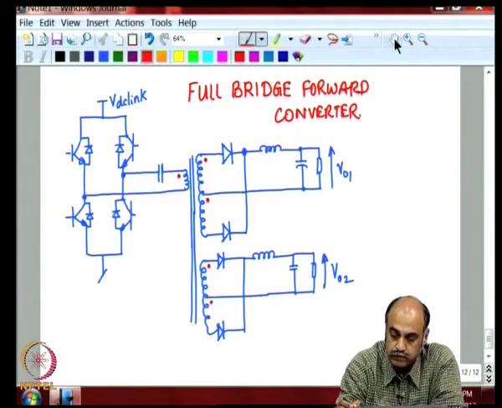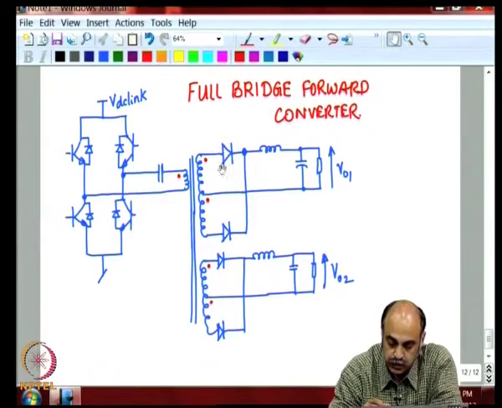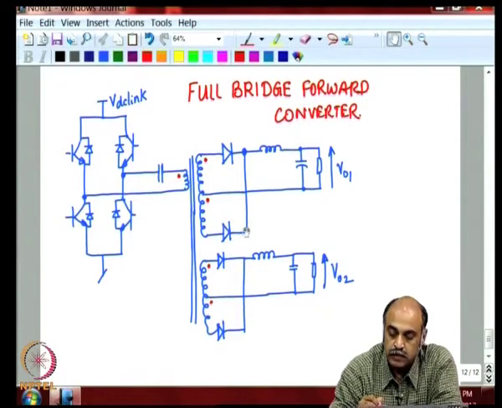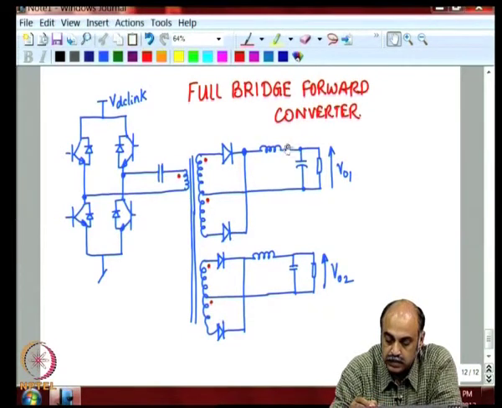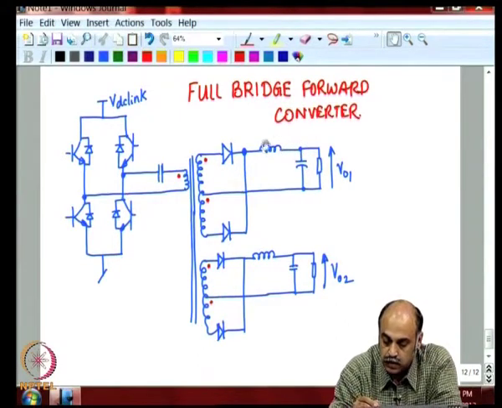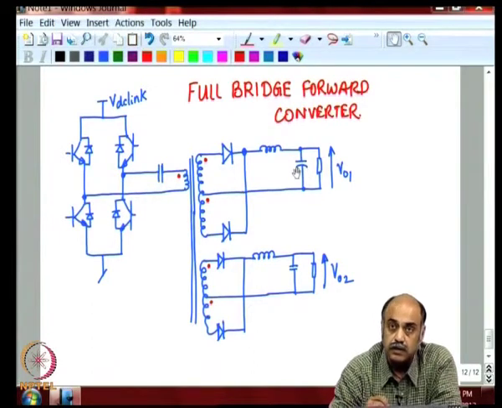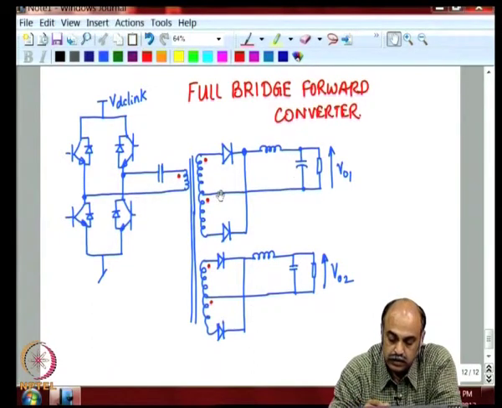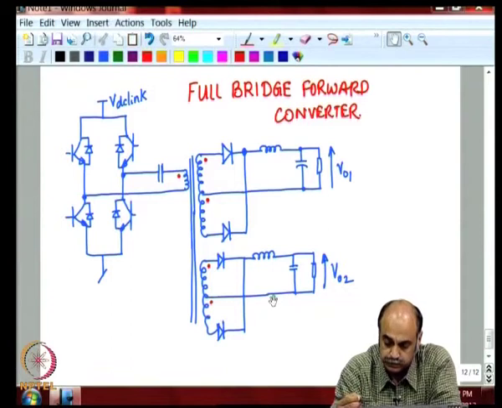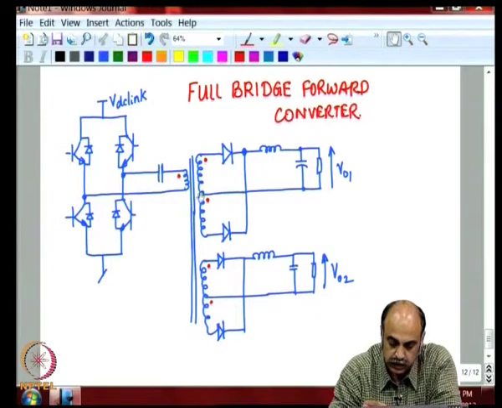Next, you would of course need to rate these diodes, which need to handle the currents flowing through the inductor and the load. You need to design the inductor, you need to design the capacitance for each of the outputs. And then of course, you need to design the transformer.